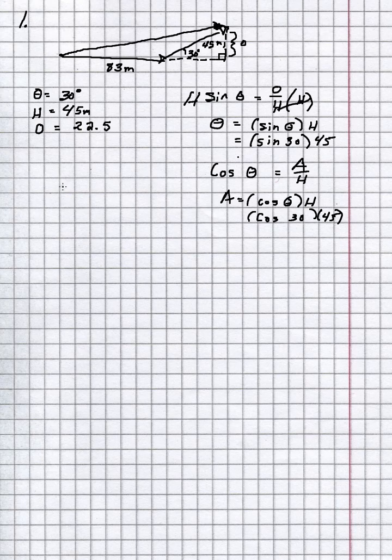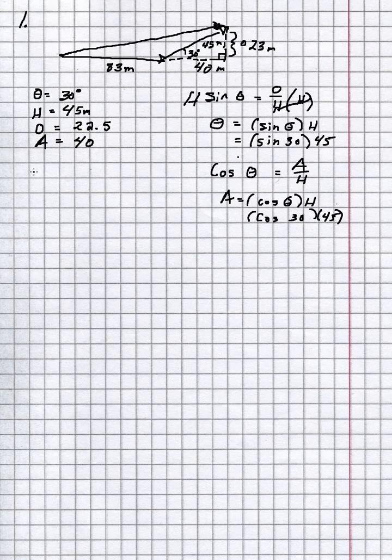Okay, so our adjacent side of our triangle is 38.97, but we're going to round that to 40. So filling those in, we've got 40 here, and let's go ahead and round this one to 23. Okay, so we've got 40 meters on this side, 23 meters on this side.